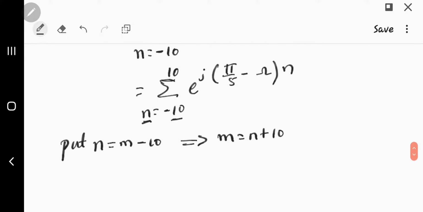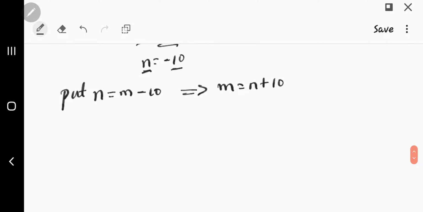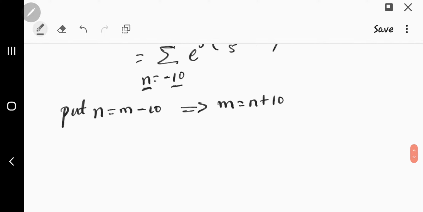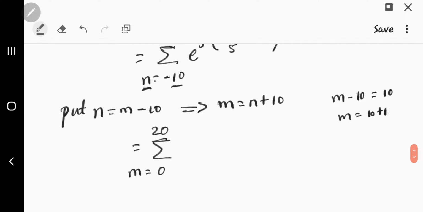So if there is a need for this, we have to write that. Okay, so let's make this change here. Summation m is equal to 0 to 20. You can check that. m minus 10 is equal to 10 here. m is equal to 10 plus 10. So m will be equal to 20. So this is the upper limit.